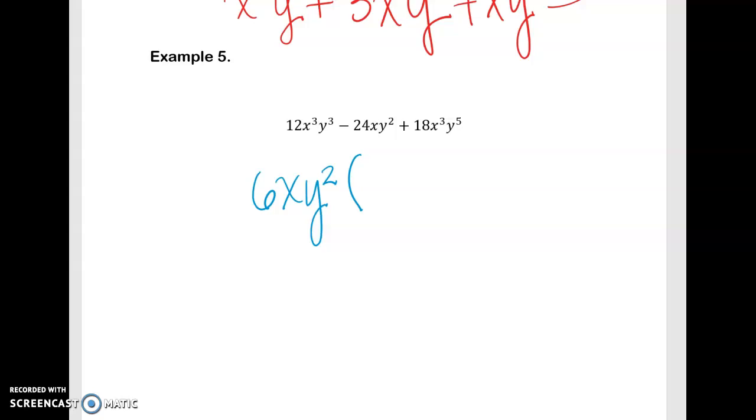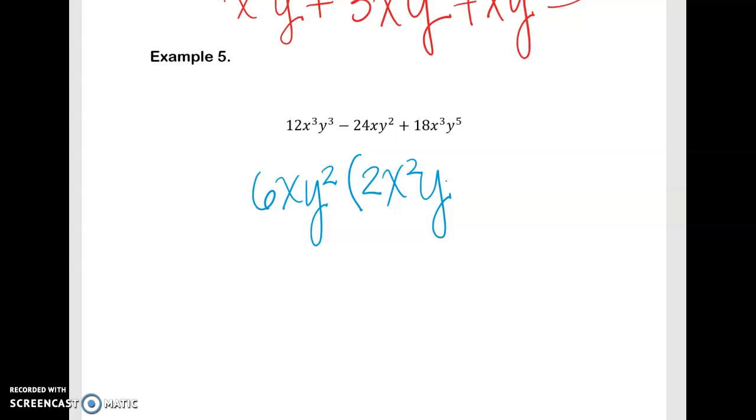6xy squared goes into this first term. We want a 2 here, an x squared term, and then a y. So that when we would multiply it, it's 12, x to the first times x to the second is x to the third. y squared times y to the first is y to the third. Exactly what we wanted.